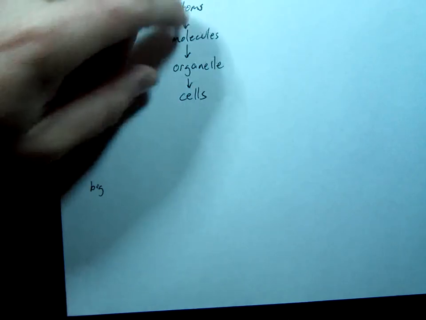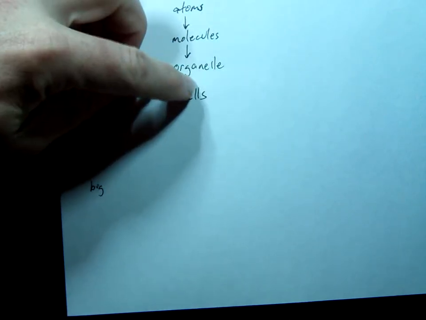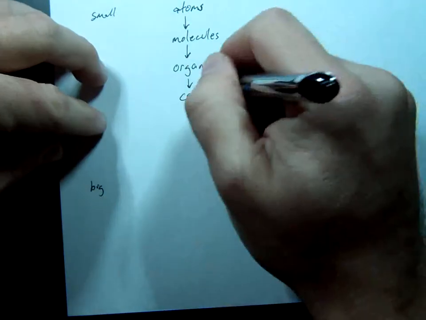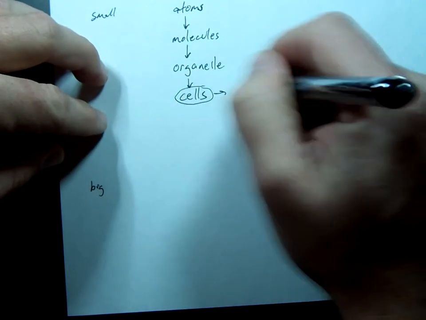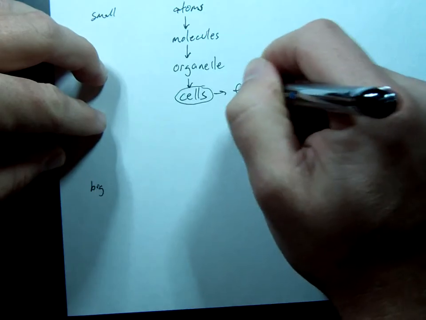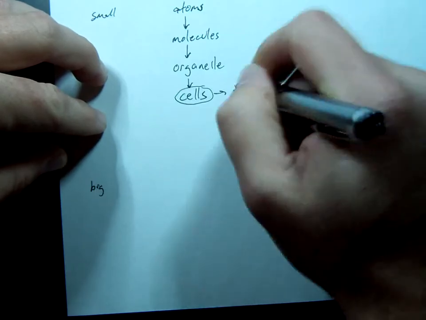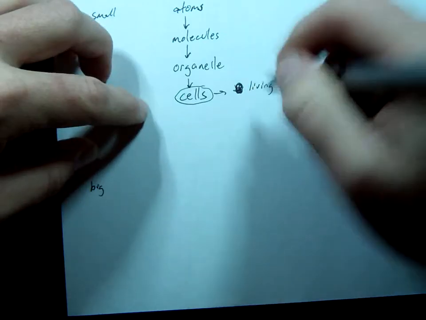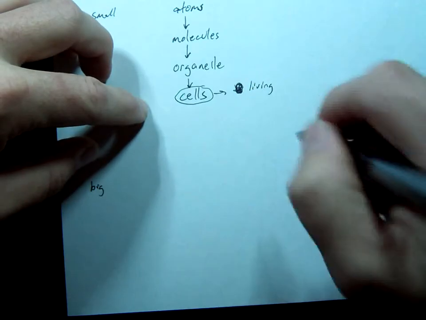But below this level, none of these parts are actually living. So this is where life begins. Okay? Living. Okay? Everything from here up is living. Maybe I shouldn't have had an arrow.